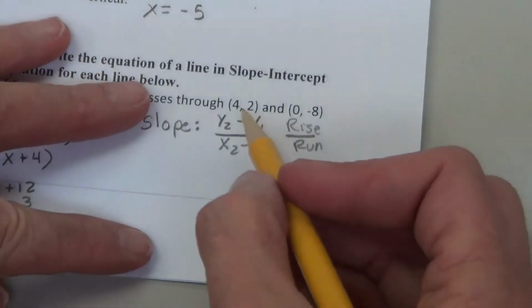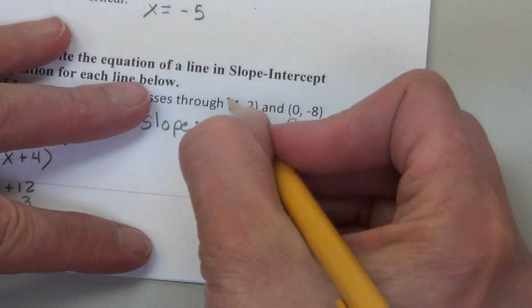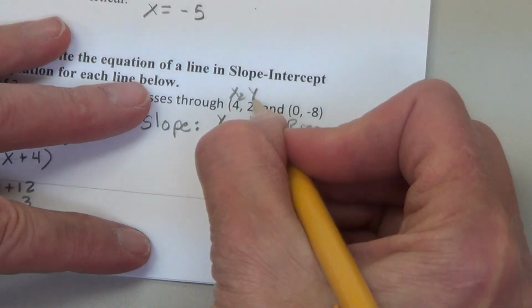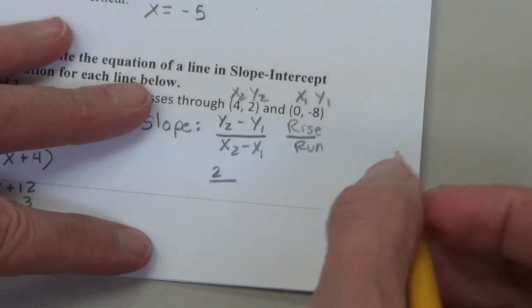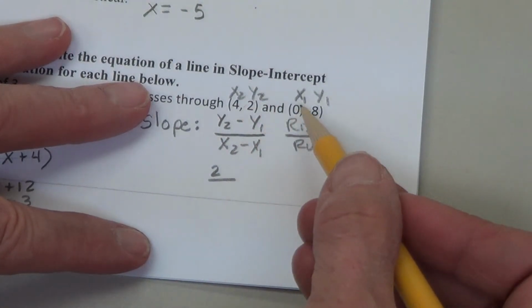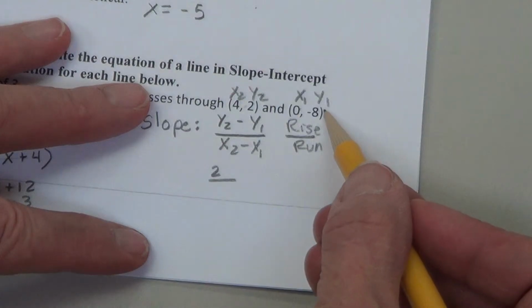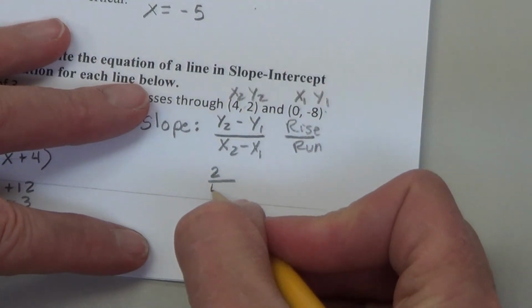So we take our 2 for the y. We'll just call this x2, y2. You could have labeled it either way, and this one x1, y1. Could have labeled this one x1, y1, and this one x2, y2. The x's are always the first one, so they're always the one on the bottom.